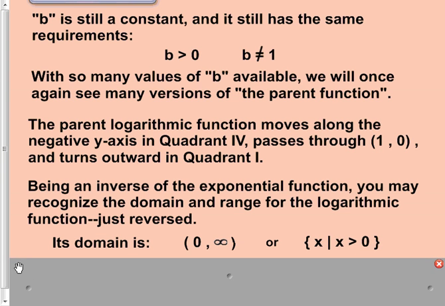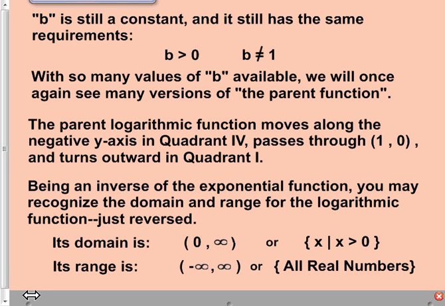This time our domain is the one that is limited by the nature of the graph, so our domain is going to go from 0 to infinity. 0 is not going to be included as part of the graph, and another way of writing that is that x is going to be all of the positive real numbers, or x such that x is greater than 0. And it will be our range this time that is going to be all inclusive. So our range is going to go from negative infinity to positive infinity, or just simply stated, all real numbers.